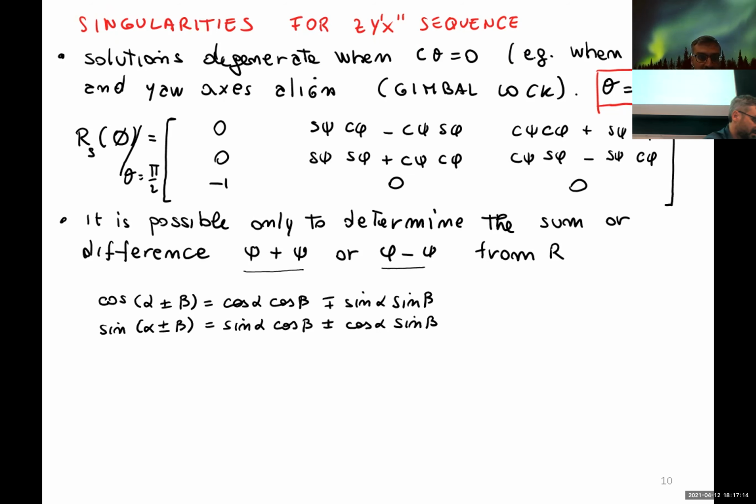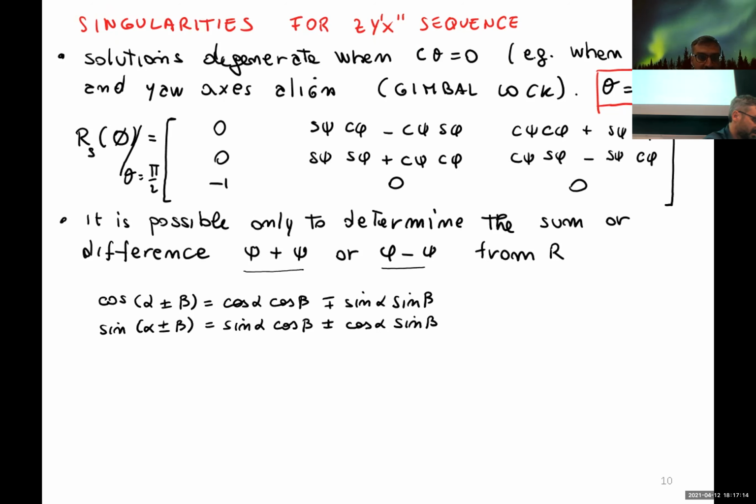And again, if you use a different sequence, you will have a different set of angles for which you have singularities. So if you look at the drawing, this is what happens in a normal configuration with roll, pitch and yaw not aligned, while in the singularity you get the yaw axis aligned with the x-axis, so you can move either phi or psi, and you don't recognize whether the effect is due to their sum or difference, depending on whether you are using minus pi half or plus pi half as pitch.